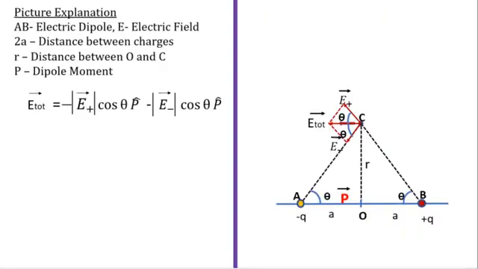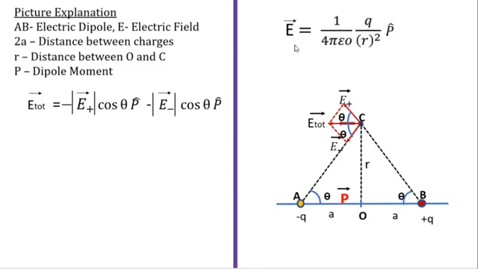Okay, first we have to draw the picture, then write the picture explanation, and we write E total is equal to minus of the magnitude of E plus cos theta unit vector of P minus the magnitude of E minus cos theta unit vector of P. And what is the value for E?